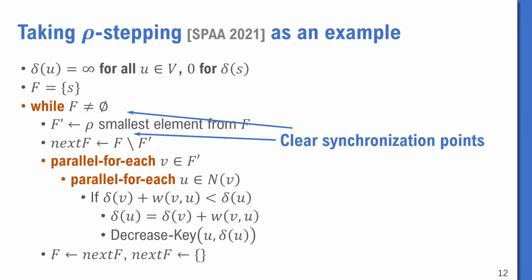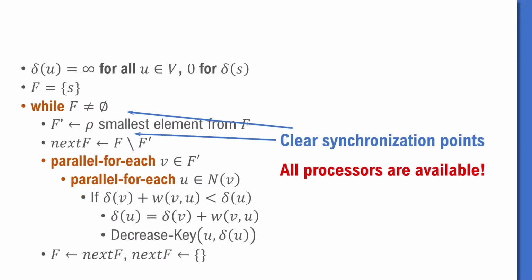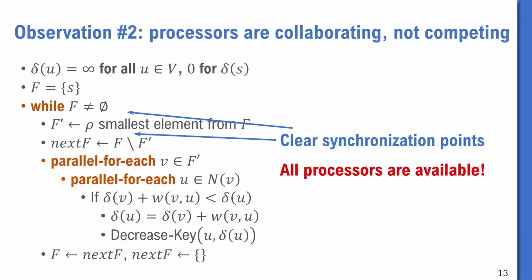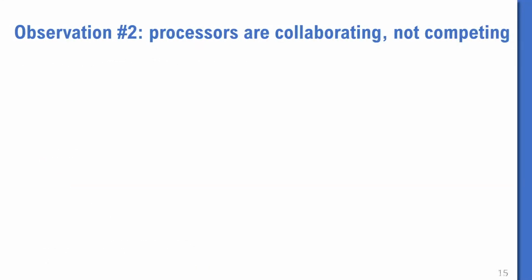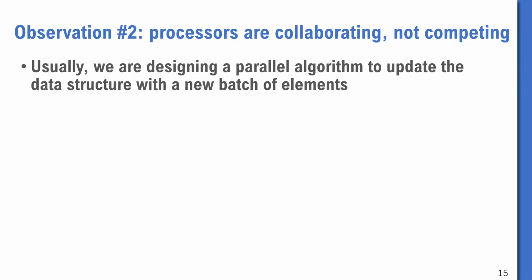Then if we're in this setting, another observation is that you can now extract not just one min, but the k smallest elements. At this point, all processors are available, and they're not trying to block each other like in the concurrent setting. So this is the second observation. We are trying to design a parallel algorithm to update the data structure with a batch of elements.